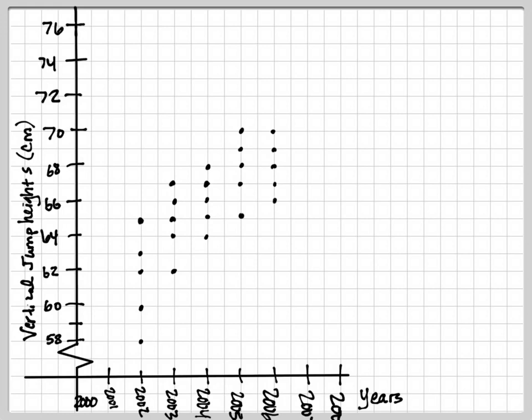Oh, dear. 74, 72, 73, 70, and 69. And then I have 77, 75, 72, 71, and 70. Scatter plots are intense. Okay.